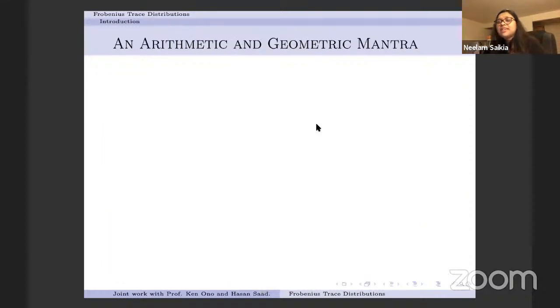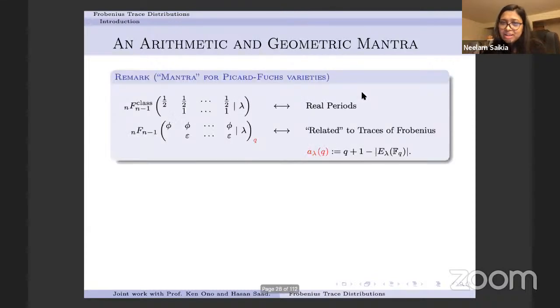So now we will explain one mantra. It's known as the arithmetic and geometric mantra. Many of us who work in this area might have seen this many times. So whenever we have a classical hypergeometric function defined in this way, and whenever we have a connection of this function with the real periods of elliptic curves, we can find an analogous result in the finite field setting, where the halves are replaced by quadratic characters, and the ones are replaced by trivial characters.